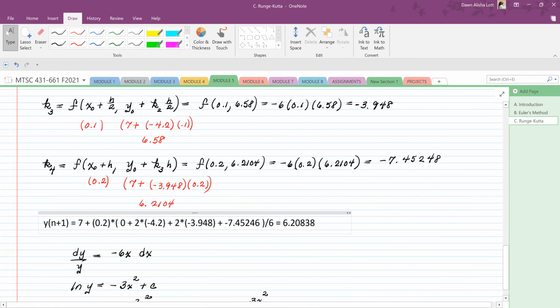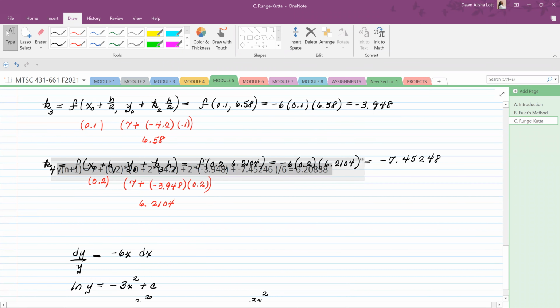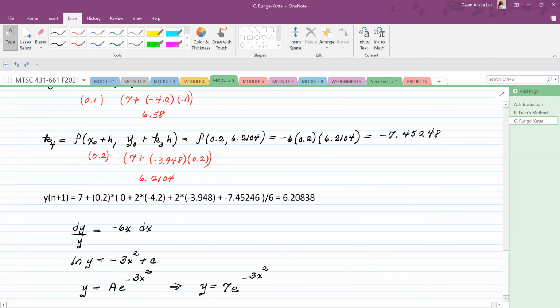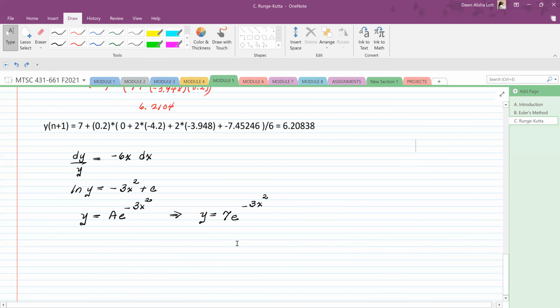Okay. 6 point, undo that. I don't know how that moved. Okay, so that's 6 point there. So therefore, let's see what we would truly get as an answer. So now the true answer, y at 0.2 is equal to 7 times e to the negative 3 times 0.2 quantity squared.